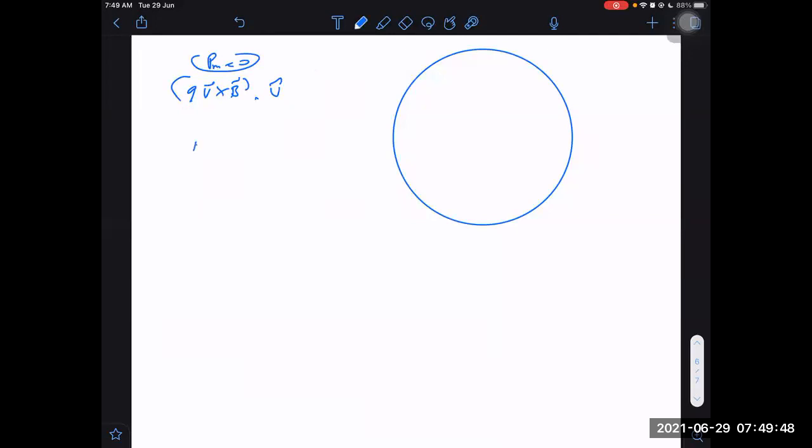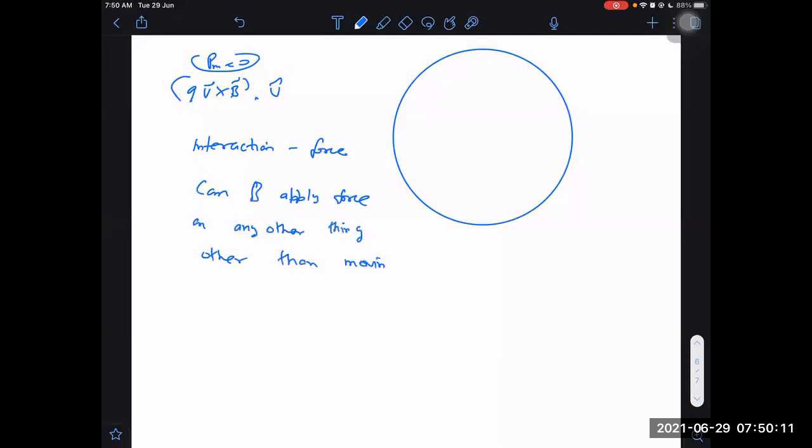Actually, the magnetic field never interacts with anything other than charges. What do you mean by interaction? Interaction means some kind of force. Can the magnetic field apply force on anything other than moving charges? Current carrying wire?